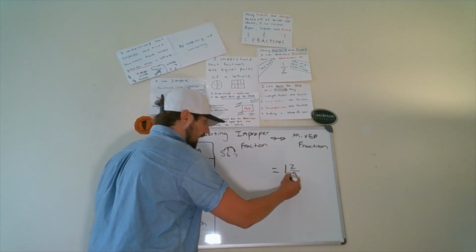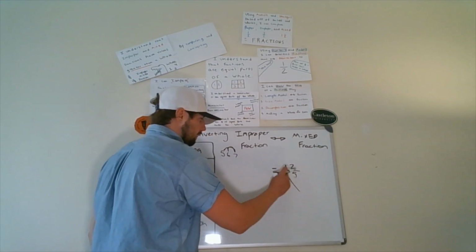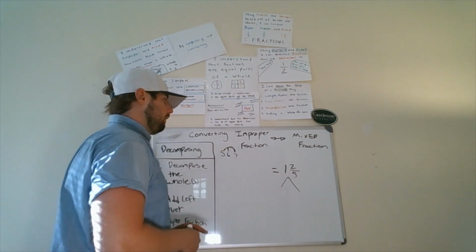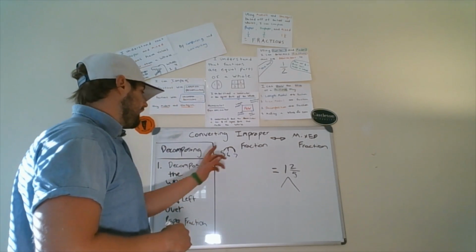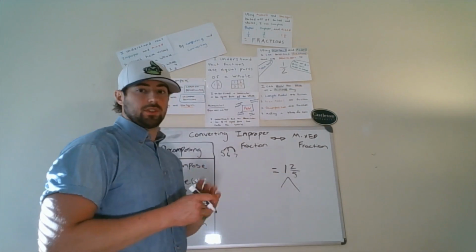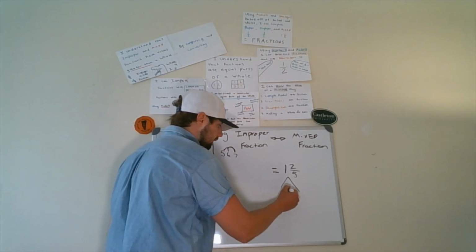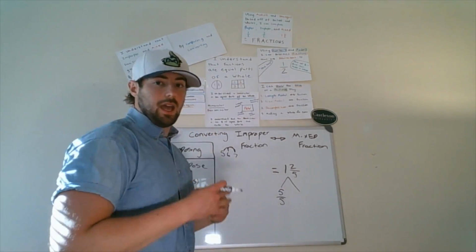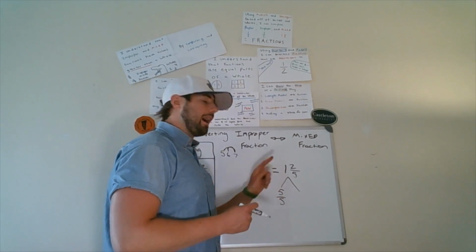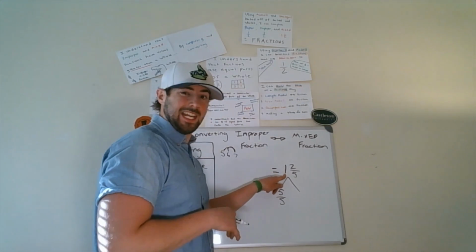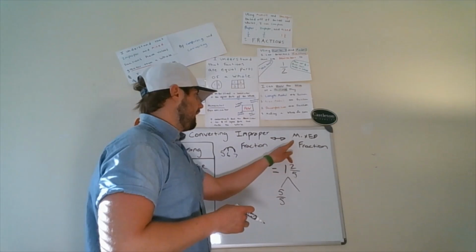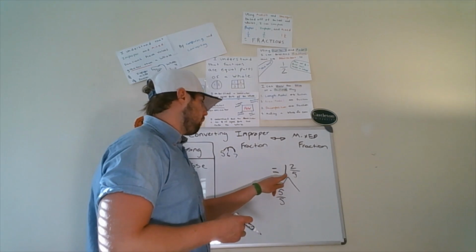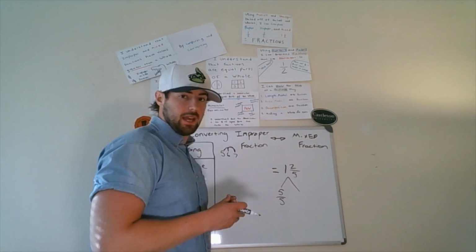So I need to make that whole, okay? If I am working with fifths, I know 5/5 will make a whole. That whole is represented as an integer or a number in this mixed fraction, 1 and 2/5.